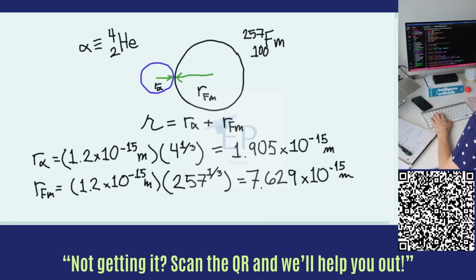The next step here is to figure out what these respective potential and kinetic energies will be as the alpha particle approaches infinity. That is, our script R approaches infinity here. Well, at that point, the alpha particle will have complete kinetic energy.